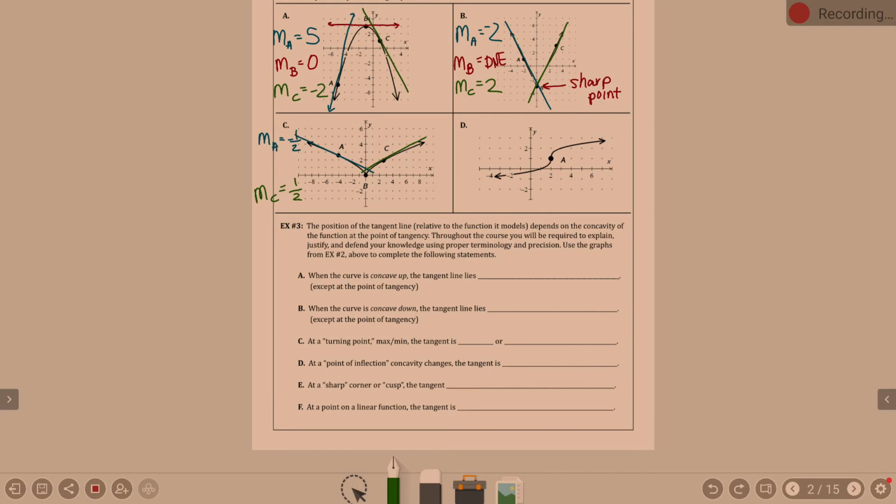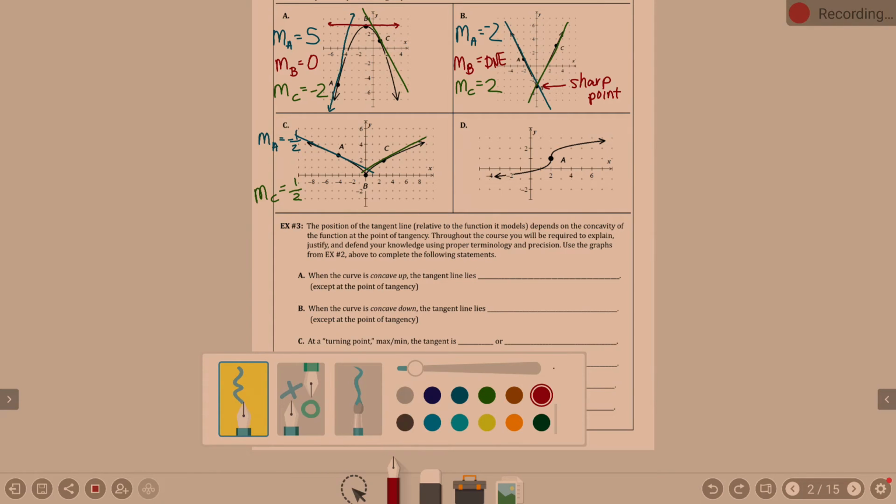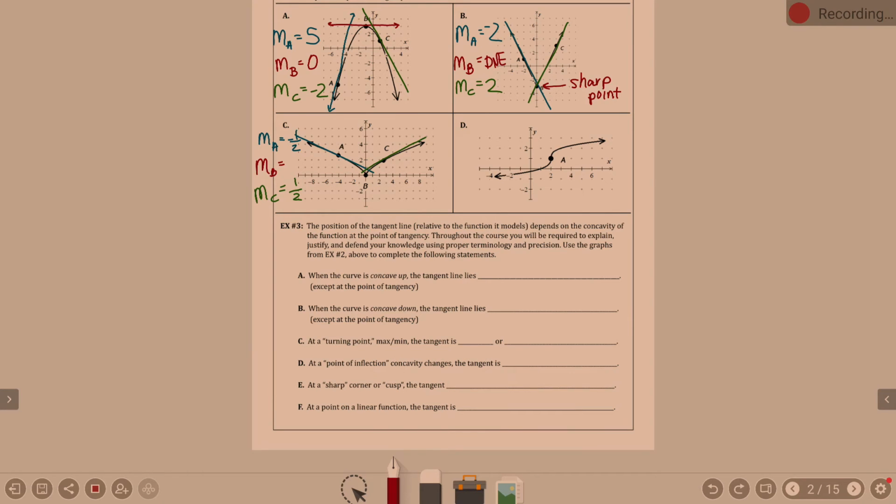I'd say that one for me was 1/2. Yeah. I have, in my notes, negative 1/2 and 1/2 as the two different slopes here. So, again. What do you think I'm going to say about B? Okay, the slope of B does not exist.